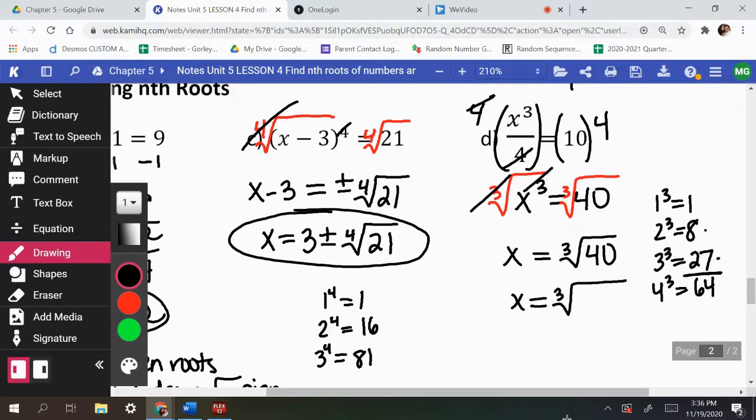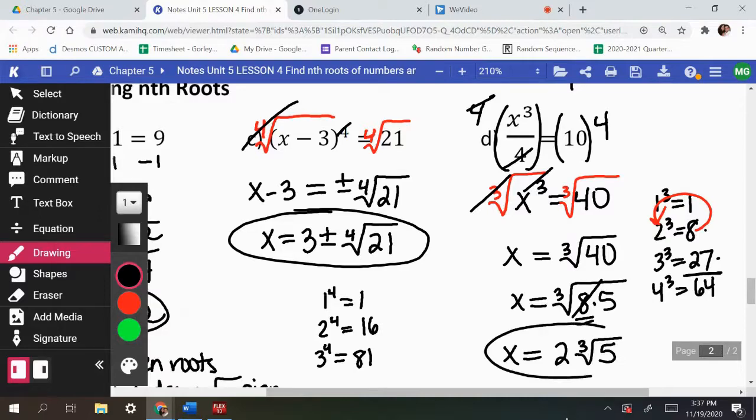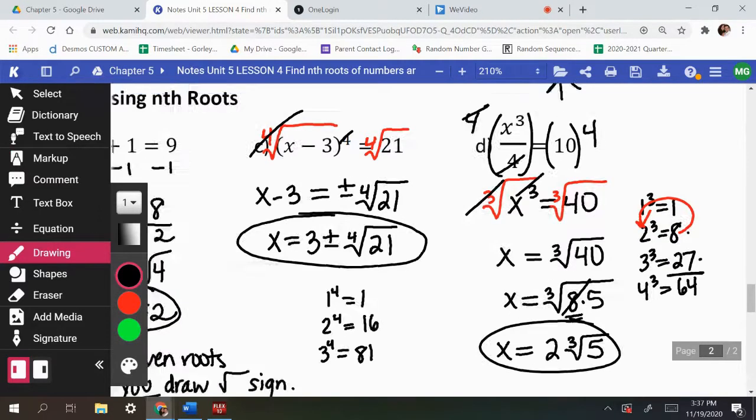Yes, it is divisible by 8. 8 times what is 40? 5. Okay, where 8's perfect. So I'll simplify the perfect part. What is the cube root of 8? It would be 2. So I'm going to write 2 cube root of 5 as my answer.